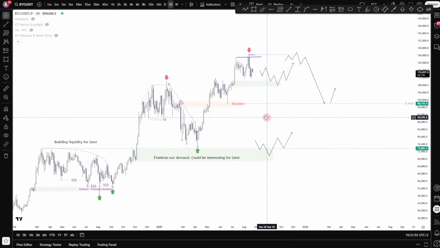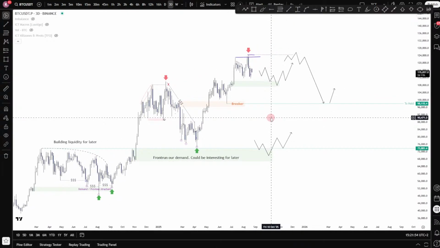So let's actually start by looking at Bitcoin, I think. Just check something real quick.